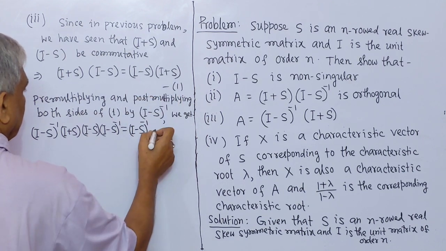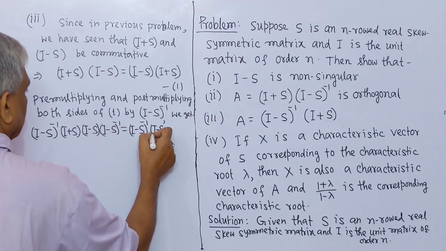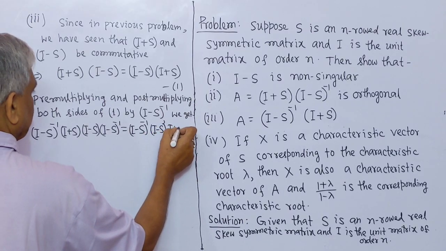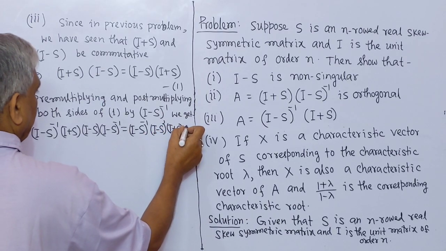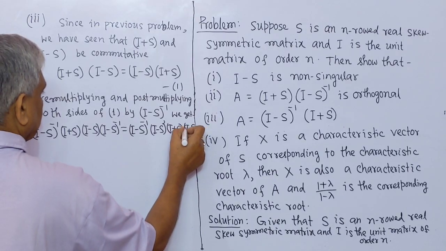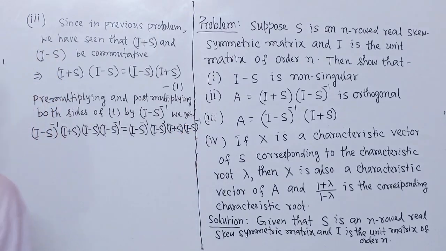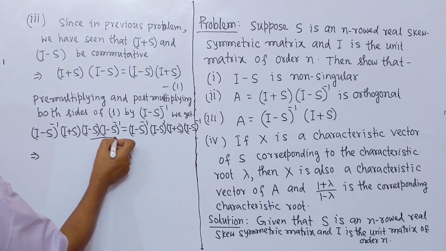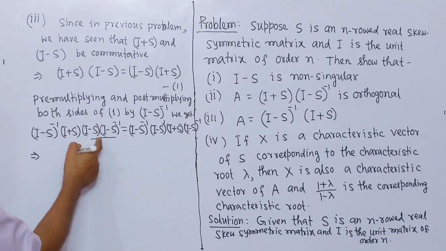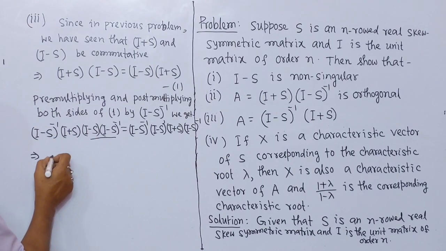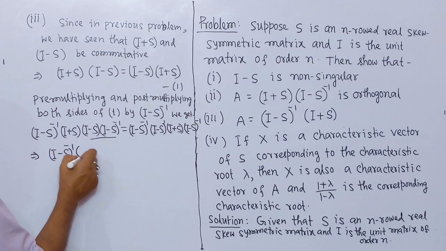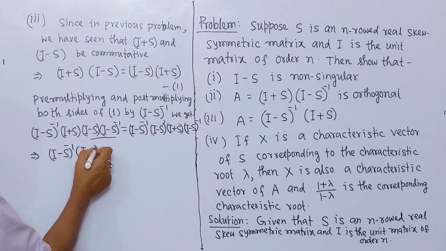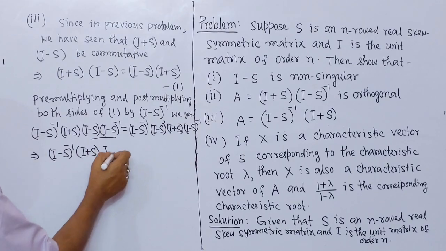Then we write (I minus S)(I plus S) multiplied by (I minus S) whole inverse. It implies that here (I minus S) multiplied by (I minus S) inverse is the unit matrix. So we write (I minus S) whole inverse (I plus S) multiplied by the unit matrix.